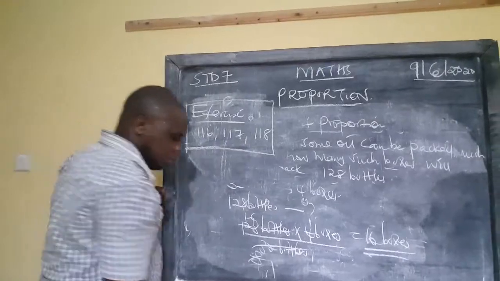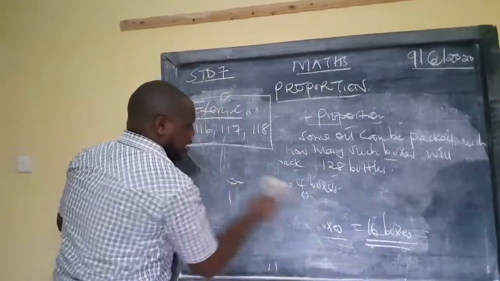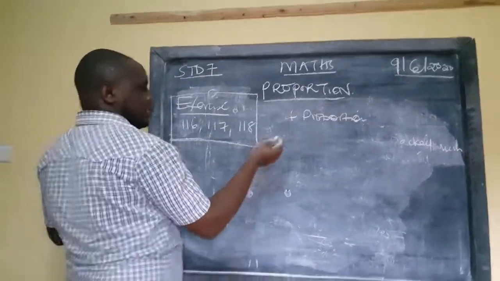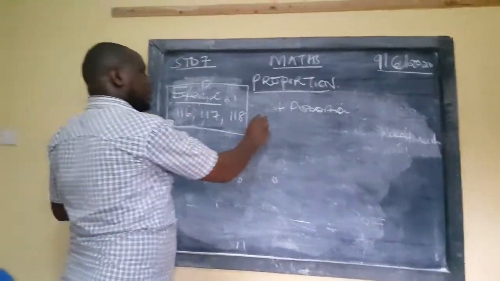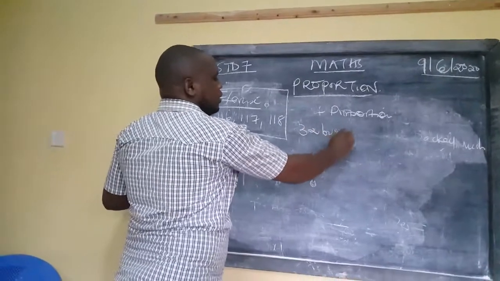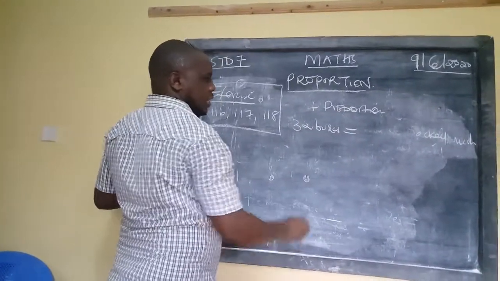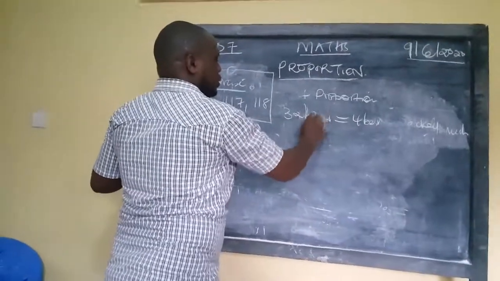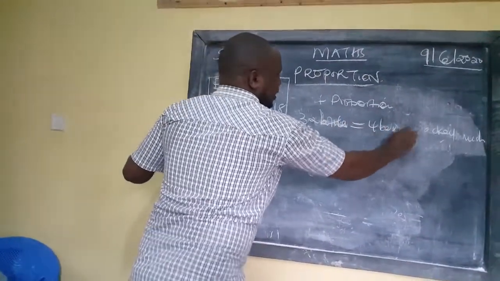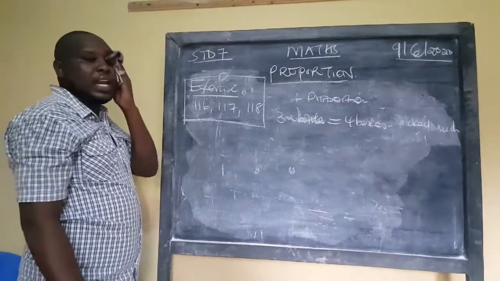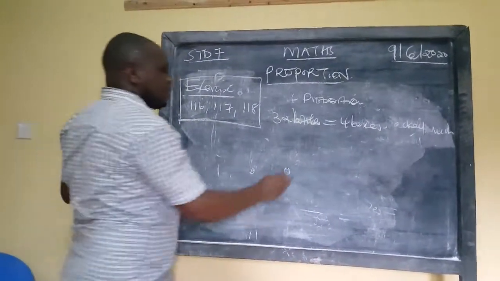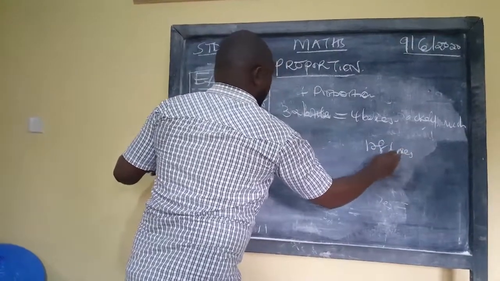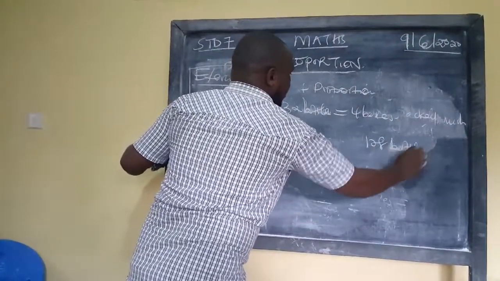But because there's another method, let me just highlight it here very fast. Like for example, we had said that 2 bottles are packed in 4 boxes. You realize it's the same thing I'm doing here. What about 128 bottles, will be packed in how many boxes?